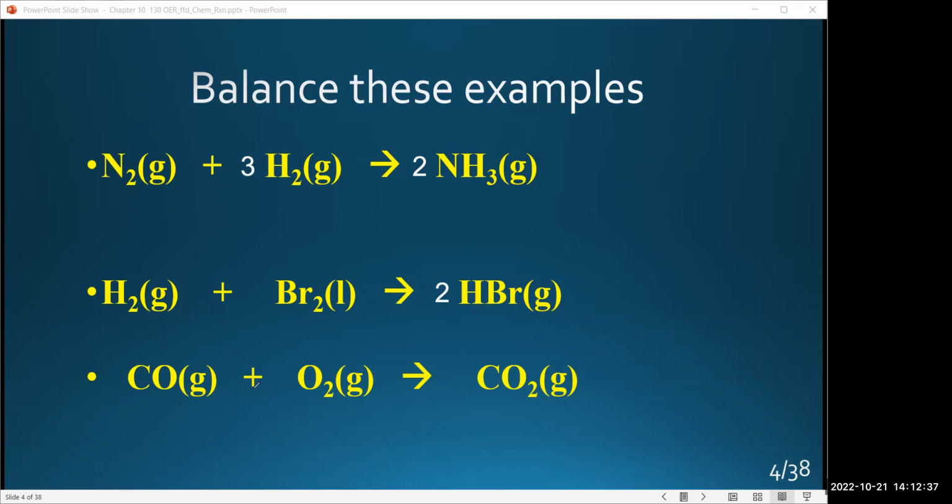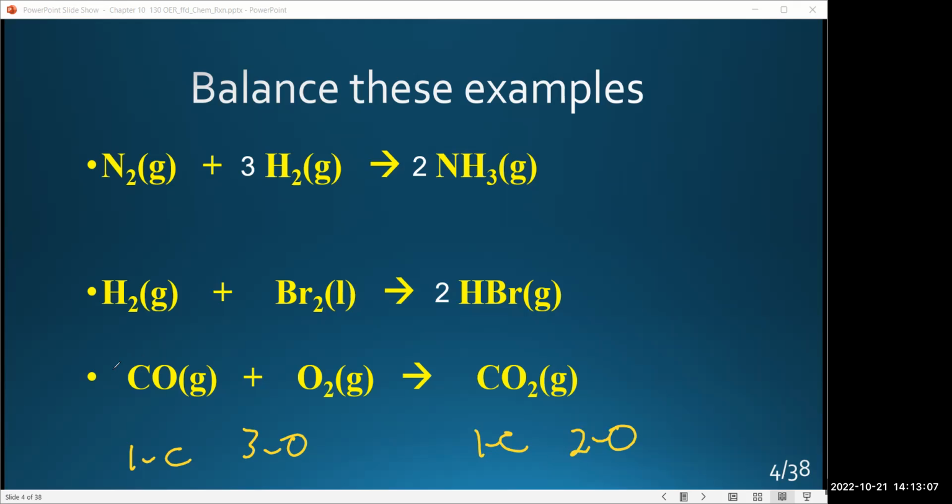But a suggestion would be, we got one carbon on the left, one on the right. Carbon seems to be happy. But we have an odd number, 3 oxygens, on the left side, and 2 oxygens on the right side.